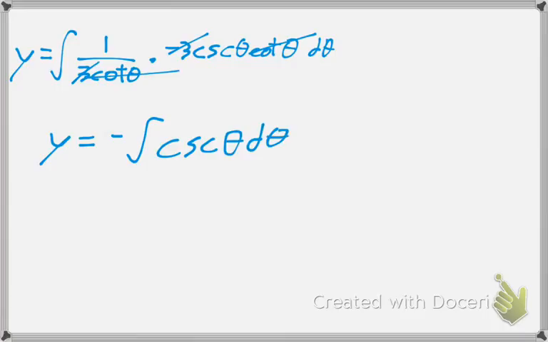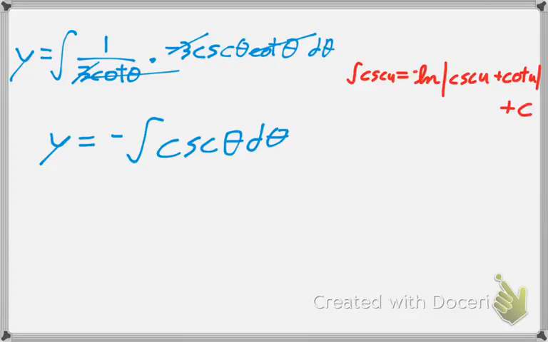The integral of cosecant u is equal to negative natural log of the absolute value of cosecant u plus cotangent u, plus c at the end.